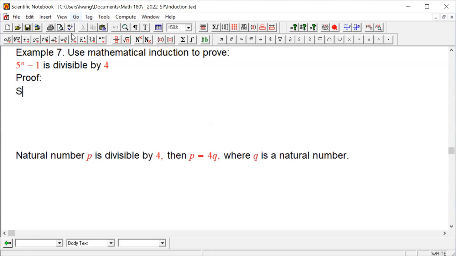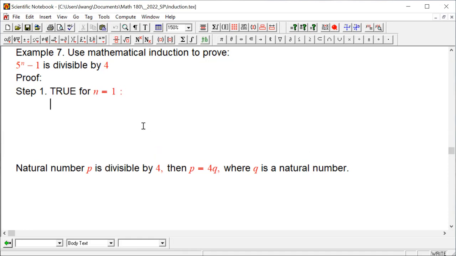Step 1, for n equals to 1. Is it true? It looks like it's going to be true. True for n equals to 1. Why? Because when n equals to 1, 5 to the power of n minus 1 is 5 to the power of 1 minus 1.